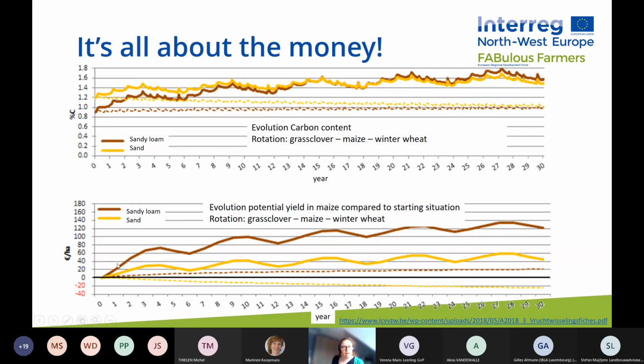Here you have two soil types, the sandy loam and the sand, and the rotation is a wider rotation but with grass clover in it and also with winter wheat in it, and then this uptake of carbon by the soil can be related to an extra income for the farmer at field level.